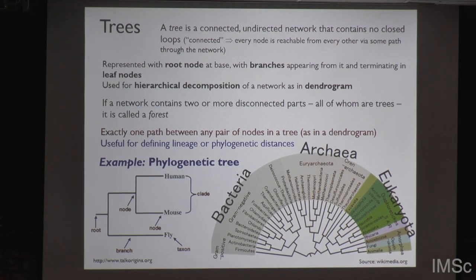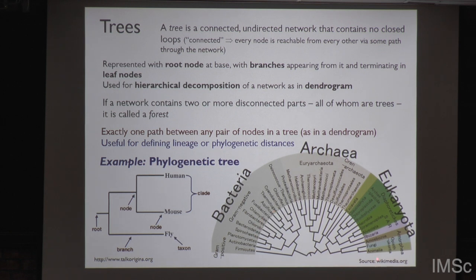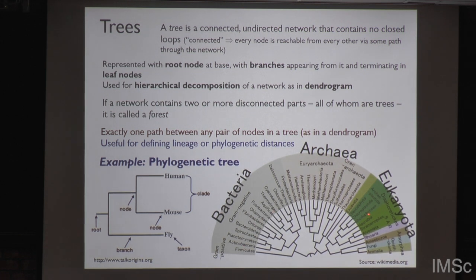Another case of acyclic network is a tree, and a tree is defined basically as a connected undirected network that contains no closed loops. Usually you define a tree as having a root node, and then from the root node there will be branches, and those branches lead to further branches, and finally they terminate into leaf nodes which have no further branching. Often trees are used extensively in biology for doing dendrograms.